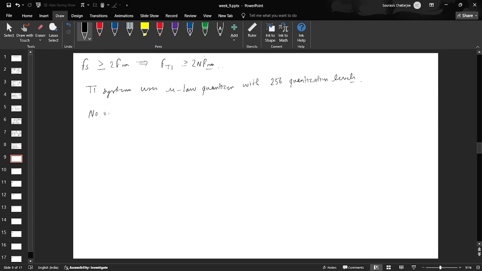So the number of bits per sample is given as log base 2 of 256, or 8.